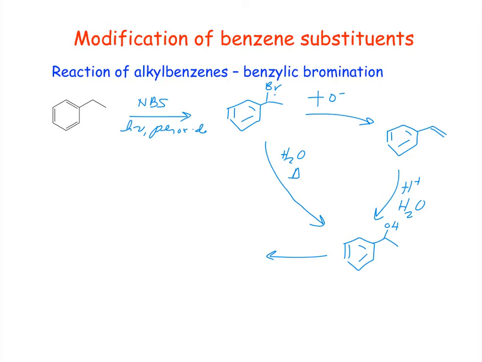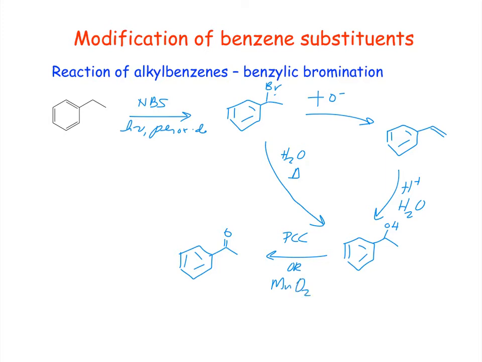We could also do an oxidation from this point. Did you guys ever hear of this oxidizing agent, PCC? Yeah, okay, so this is a weak oxidizing agent, so that would oxidize it to the ketone, like this. You can also use another reagent for this, manganese dioxide.